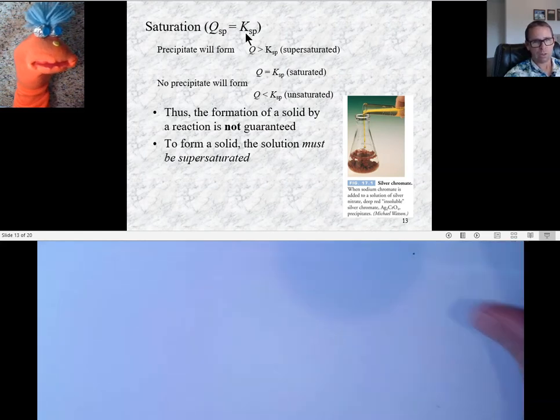All right? So we have scenarios in which we can partially precipitate out one material, but not a second material, by maintaining the concentrations of ions such that it's below the actual KSP, so that no precipitate will actually form.